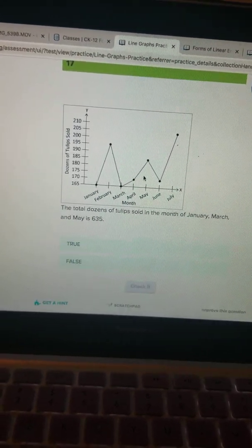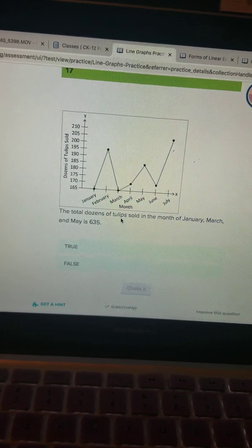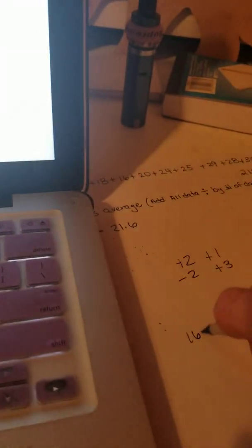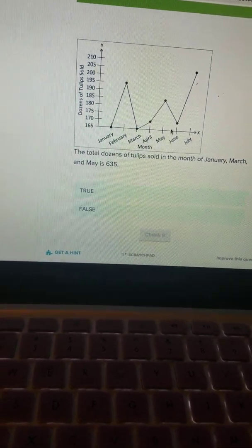The total dozens of tulips sold in the months of January, March, and May is 625. January, 165. March, 165. And May, we said, was 185.